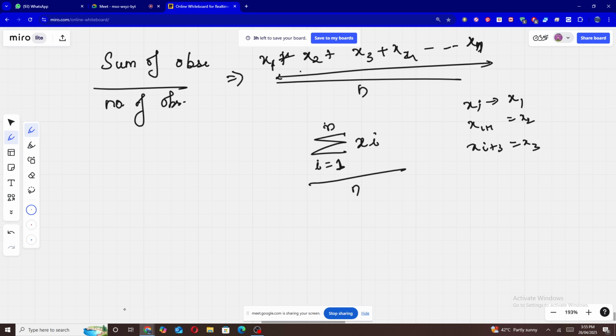So all of them are calculated. That is why this is shown like this. Sigma, sum of xi, that means 1, 2, 3, 4, all of them.